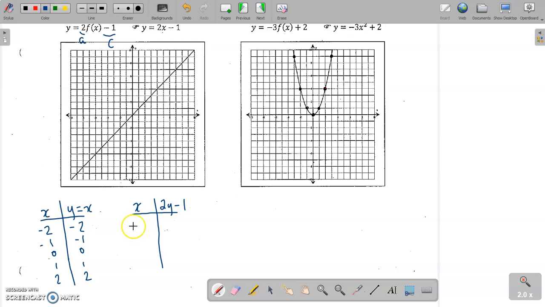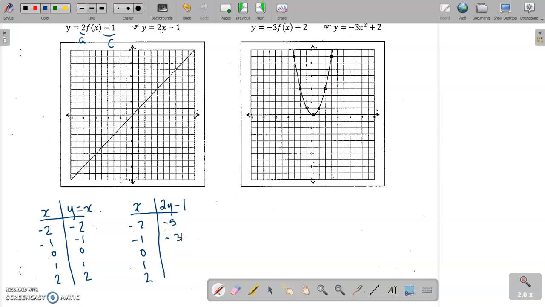So that means the x values stay the same. So minus 2, minus 1, 0, 1, 2. And then you have here negative 2 times 2, so negative 4 minus 1, you've got negative 5. Negative 2 times negative 1, so you've got negative 3 here.